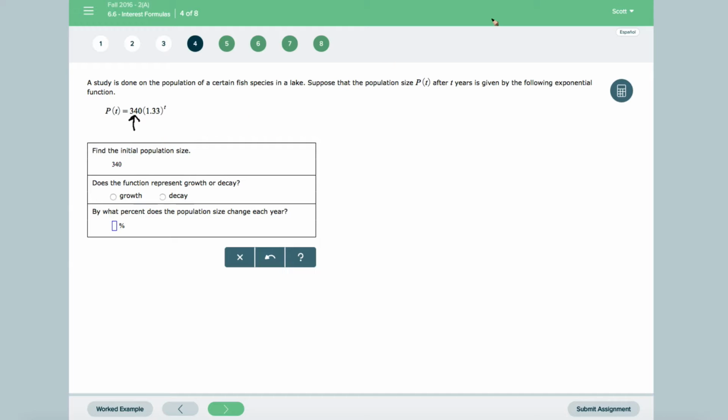Now, with the next one, is it growth or decay? We look at this number. If it's greater than 1, it's growth. If it's less than 1, it's decay. In this case, it is greater than 1, so that tells me it's getting bigger, it's growing. Okay, by what percent? If you remember, in growth, you take that number on top, but my little shortcut, you always want the bigger number on top.